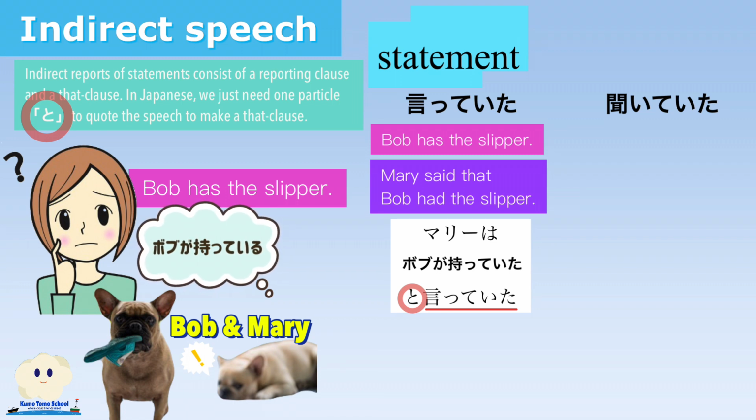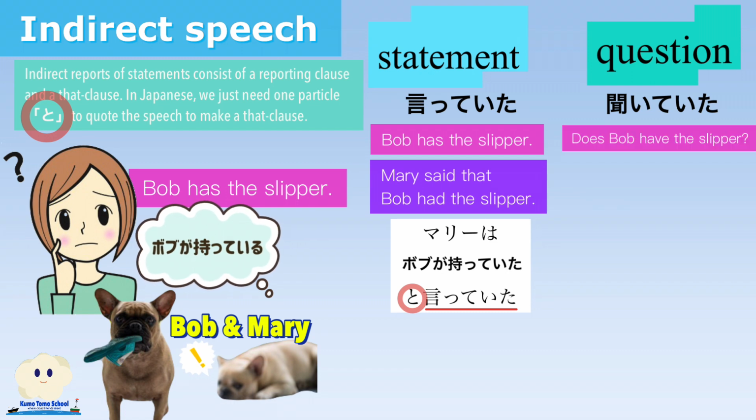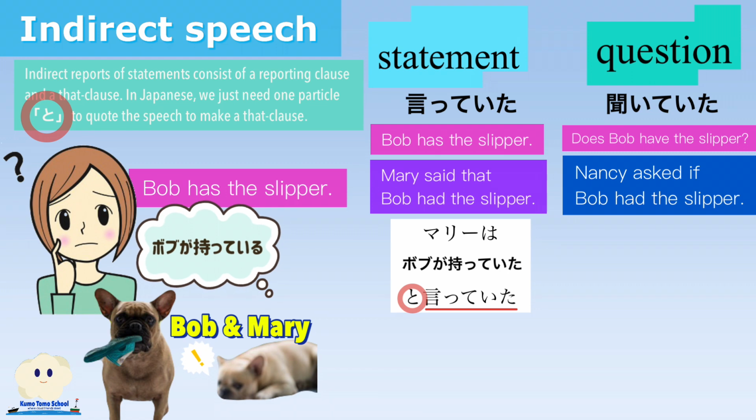Now, in the case, Nancy asked this question, "Does Bob have the slipper?" Nancy asked if Bob had the slipper. In English, when reporting a question, you use a conjunction if.